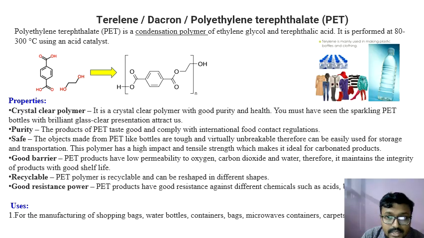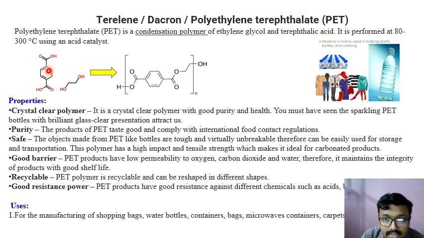Next one is PET. PET means polyethylene terephthalate. This is called terephthalic acid: a benzene ring, phenyl ring, with COOH groups at the 1,4 positions, 1,4-dicarboxylic benzene.